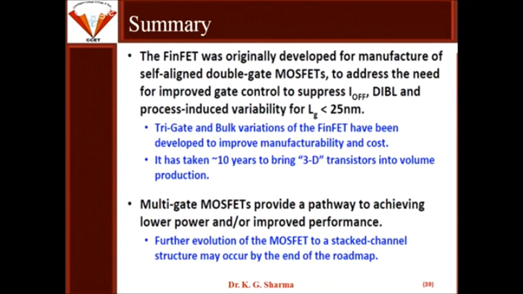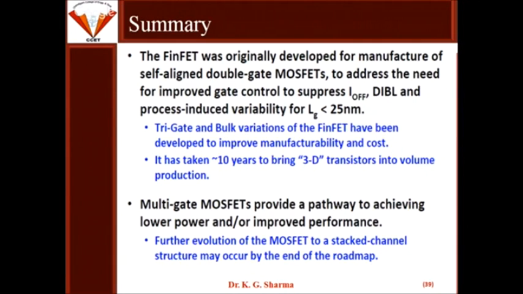If we summarize the whole lecture, we can say the FinFET was originally developed for manufacture of self-aligned double gate MOSFETs to address the need for improved gate control to suppress off-current, DIBL, and process-induced variability for gate lengths less than 25 nanometers.